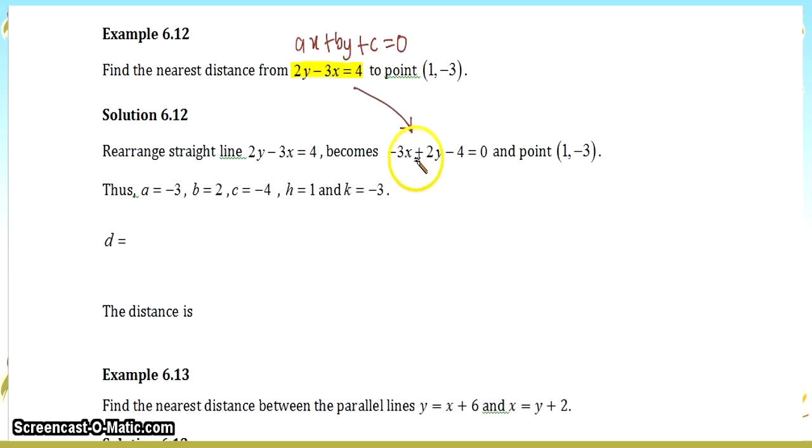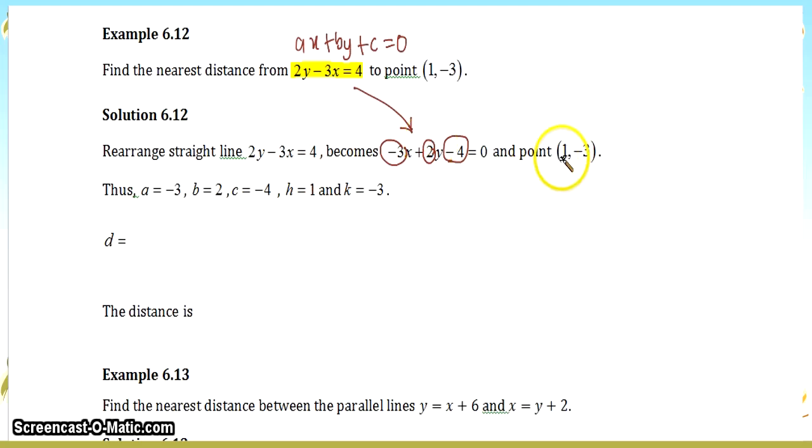We make sure the term with variable x is the first term, followed by the term with variable y, and then the constant term with no variable, and equals 0. From this equation, we can see that a is negative 3, b is 2, and c is negative 4.